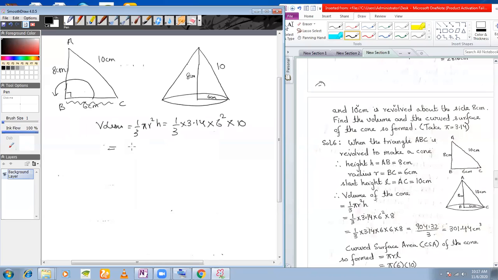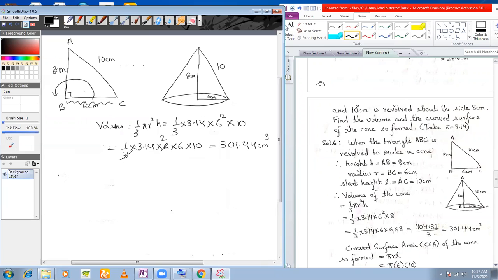You have to multiply everything. Maybe this 6 will cancel. 1/3 into 3.14 into 6 into 6 into 10. So this will cancel here. You multiply all this and you will ultimately get 301.44 centimeter cube. This is the volume.